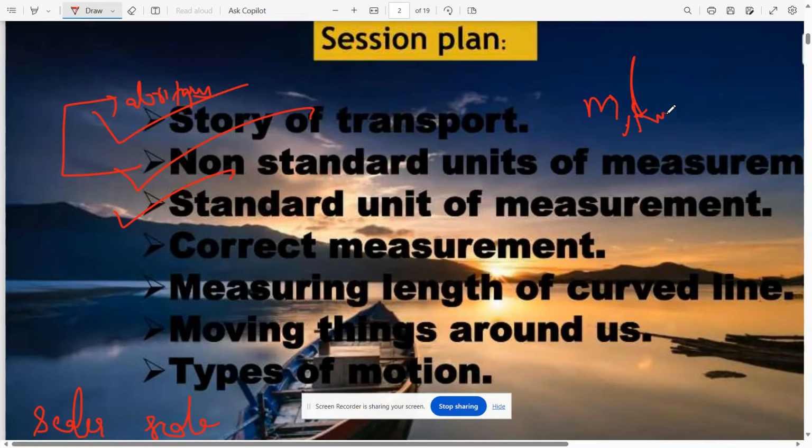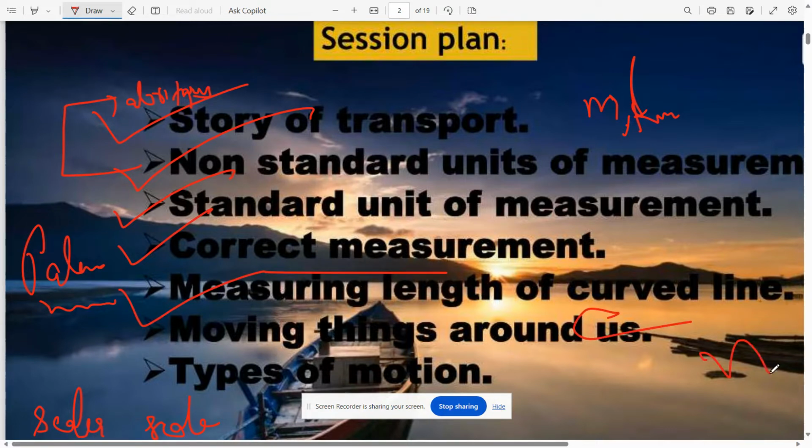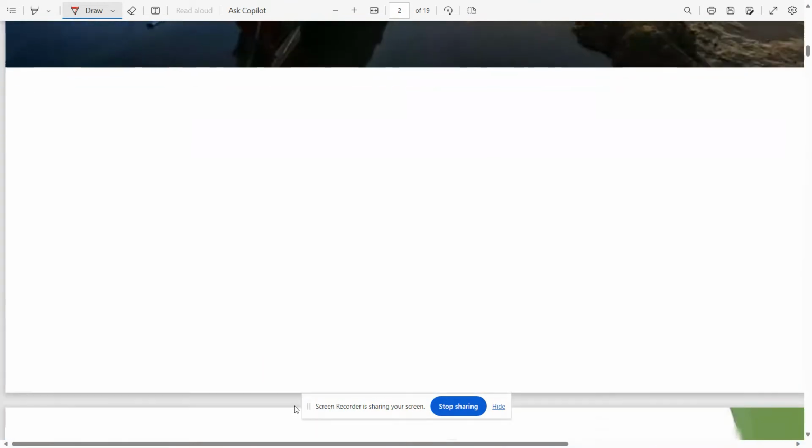So they used palms and hands to measure something, and there were many other units in ancient times. Correct measurement, measuring length with curved lines, moving things around, just types of motion.